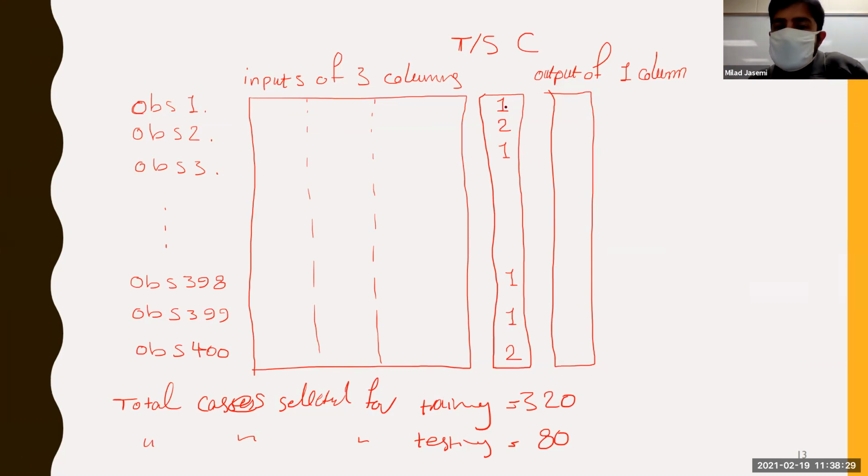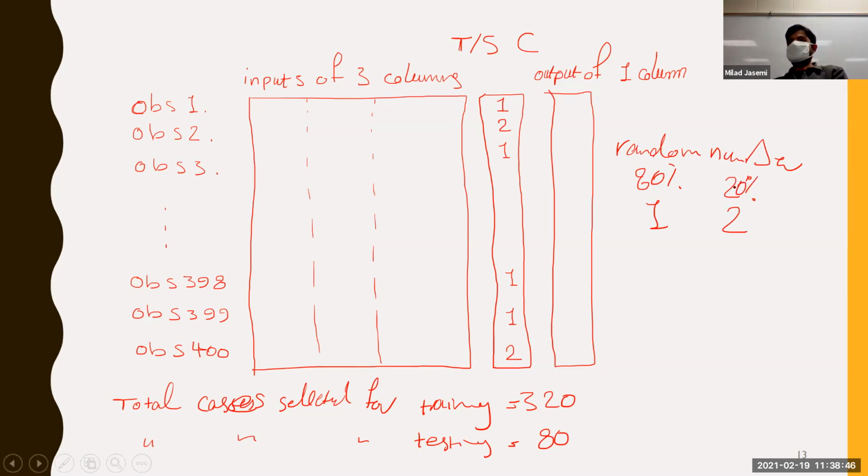But here, when we want to assign 1 or 2, how do we assign it? It's a random number, where 1 comes with 80% and 2 with 20%. That's it.